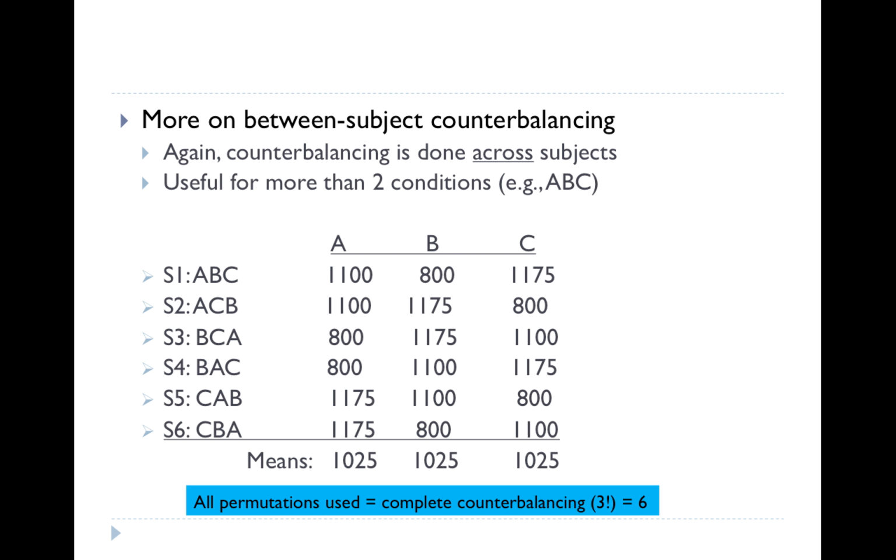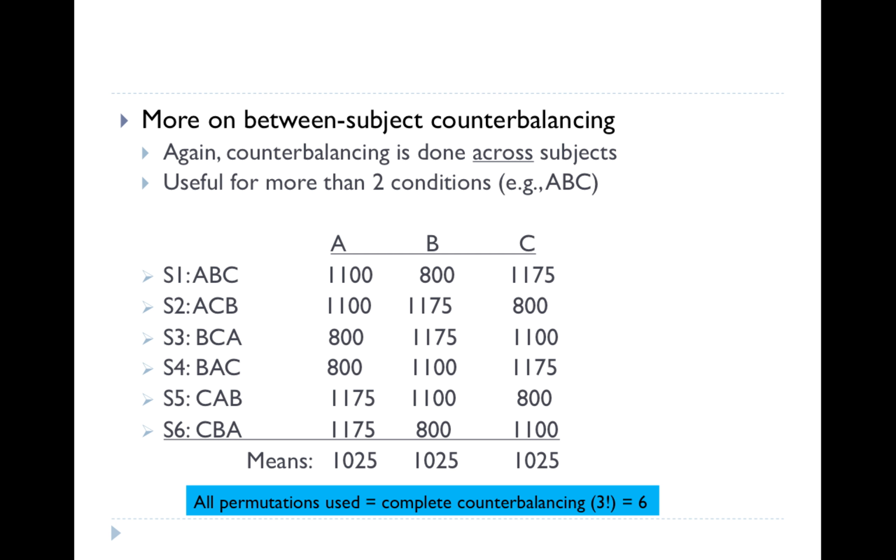Then the next person that comes in the lab sees it in a different order: first Rice Krispies, then oatmeal, and then Wheaties. The third person sees first Wheaties, then oatmeal, and then Rice Krispies, and so forth. Overall, with a large number of subjects, this should balance itself out.